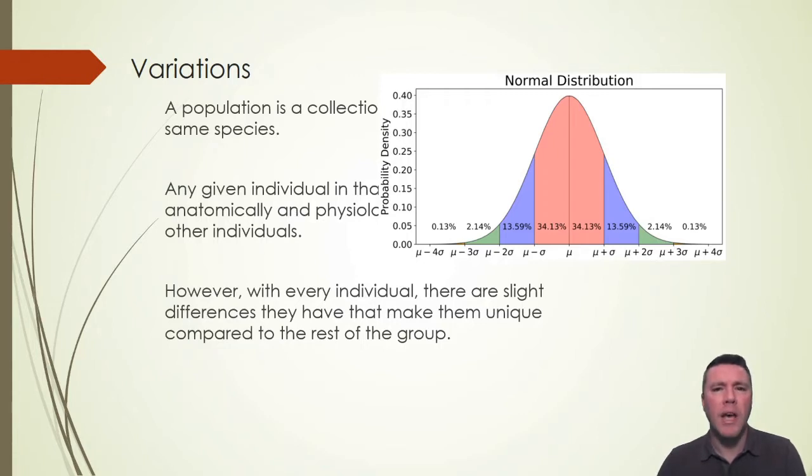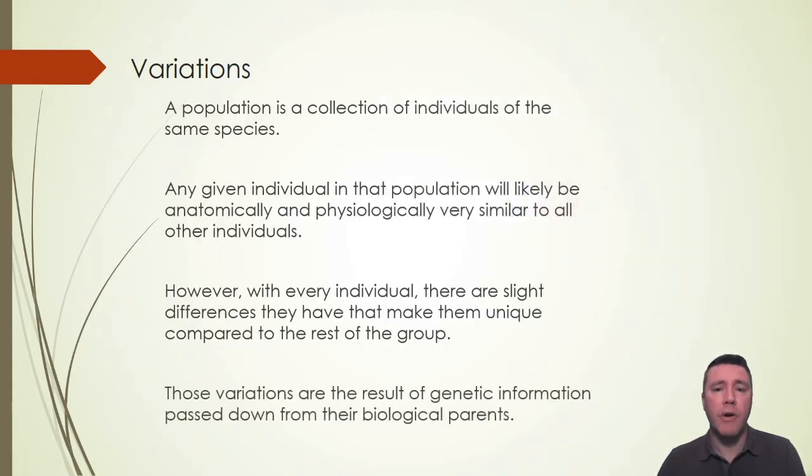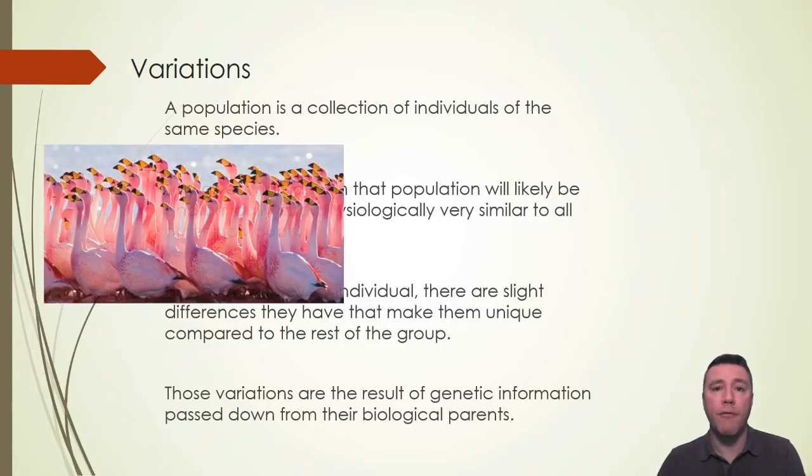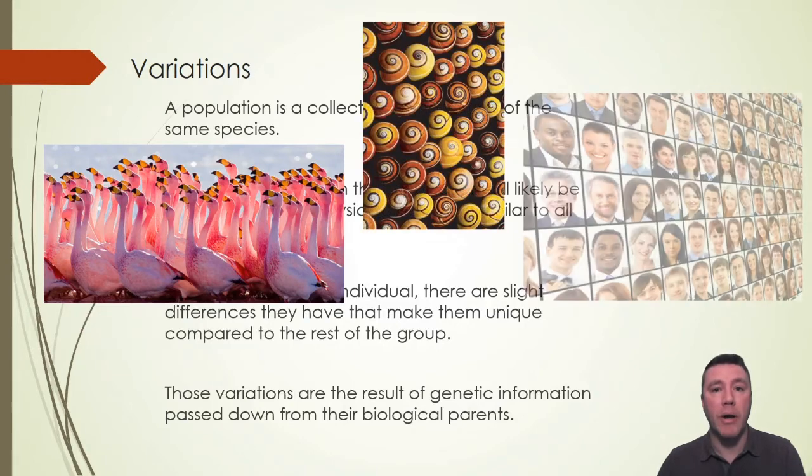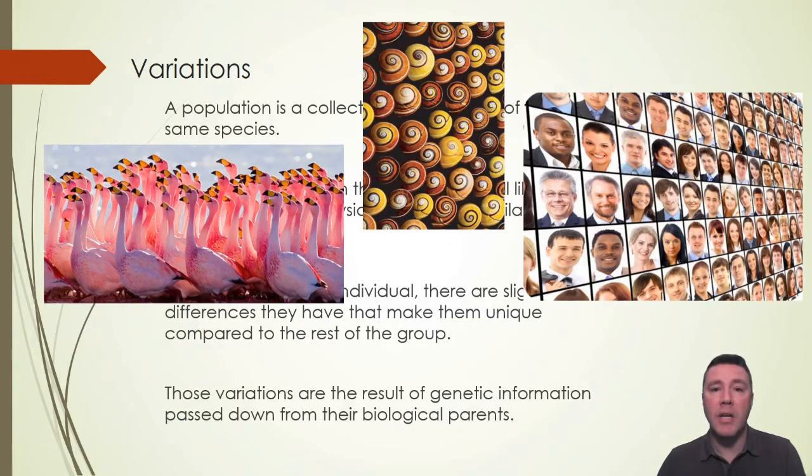And why do these anatomical and physiological variations exist in a population? They're thanks to the genetic information that is passed down to offspring from their biological parents. Any given individual in a population of flamingos, snails, or humans will have variations in their characteristics that reflect those found in their parents.